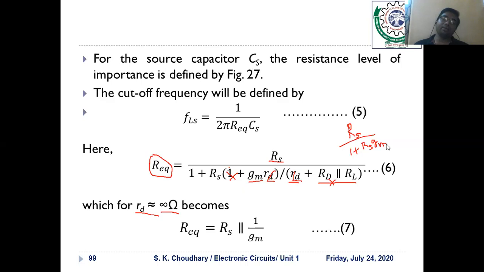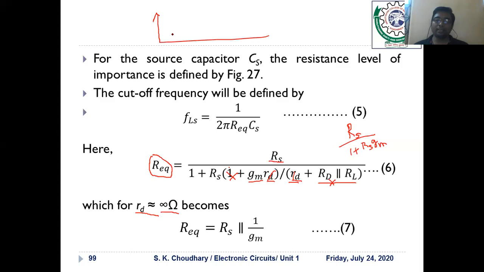And in this way, we have defined 3 formulas for the lower cutoff frequency, and that is the deciding factor to define the final value of FL. So in the frequency response curve, you have seen one of the terms, FL, the lower cutoff frequency, that we saw in the last lecture.